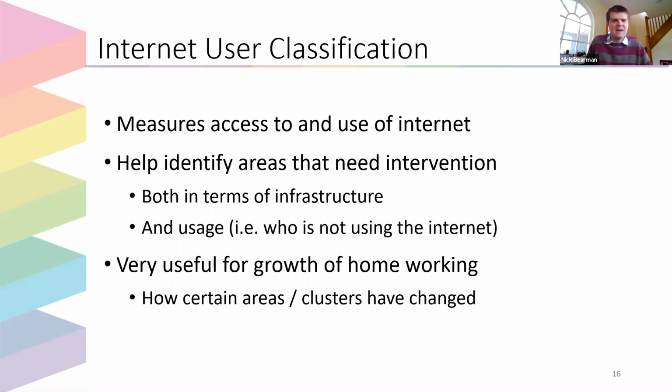Mm-hmm. Okay, great. This particular classification is quite useful for the growth of home working, and potentially we could look at how areas have changed over time as well. Yeah, this gives us a really nice benchmark to look at the spatial patterns of where and how people are interacting with the internet, and then using that as a starting point of the analysis, we're going to be able to track certain areas.